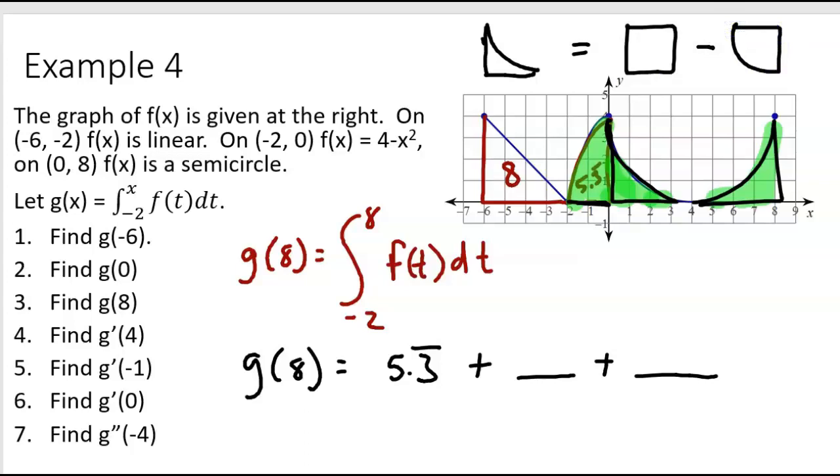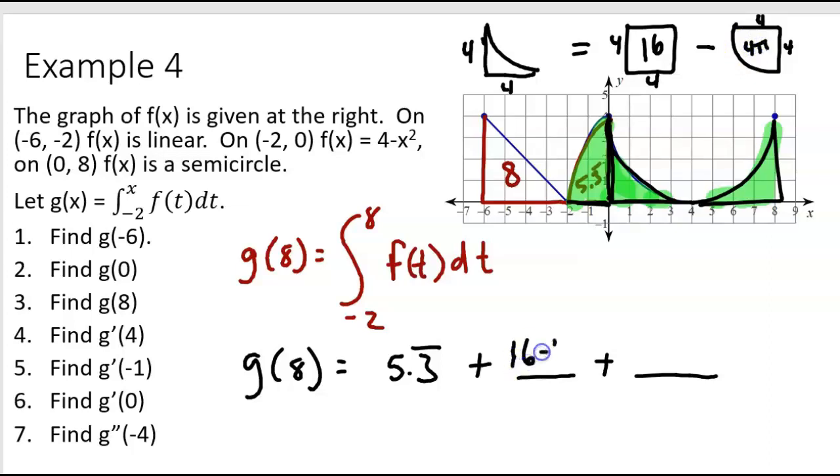So in this case, my half pipe has a height of 4 and a base of 4, which means that my square will be 4 by 4, and the radius of my quarter circle will be 4. So the area of the square here is 16, and the area of a quarter circle with a radius of 4 would be pi r squared divided by 4. So that would be 4 pi. So that's one of the half pipes.